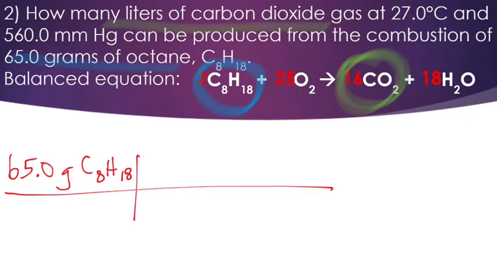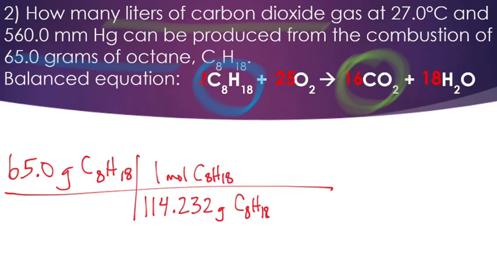And we've got to turn that into moles so that we can use this mole ratio that we know we're going to have to use. So I'd need to add up the mass of C8 and H18 and put it all together. That ends up being 114.232 grams of C8H18 for 1 mole of that same stuff.